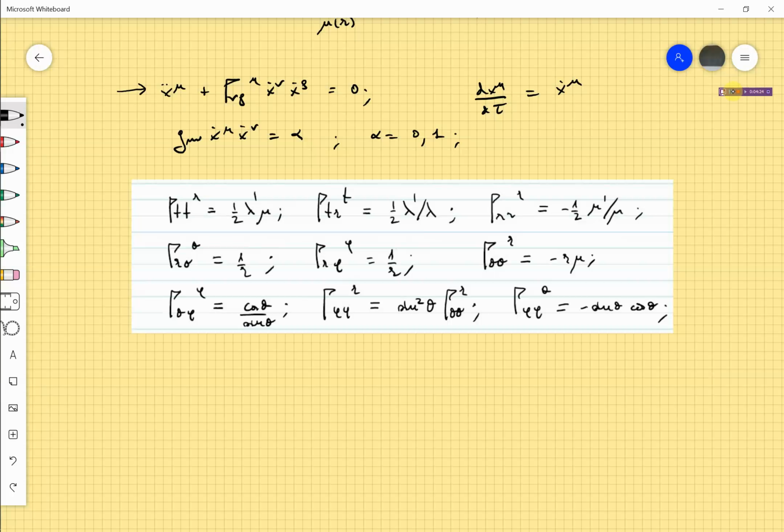So I start with t. This would be t double dot plus gamma^t_{nu rho} x dot nu x dot rho equal to 0. Now I look at the components that have a t, and it is only this one, the rt.